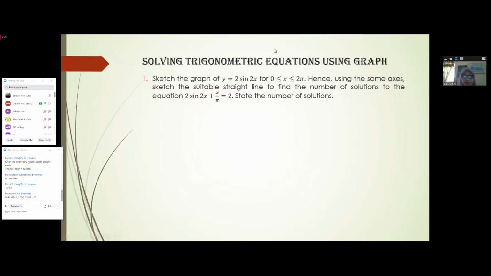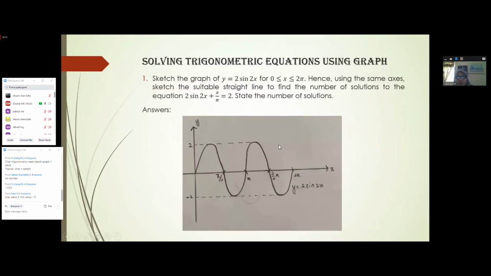Okay, your graph should be like this. Okay, 2 cycle and maximum minimum value is 2 and negative 2, right? Okay, so that is the first part of the question. If you can answer this one, you can get 2 or 3 marks.